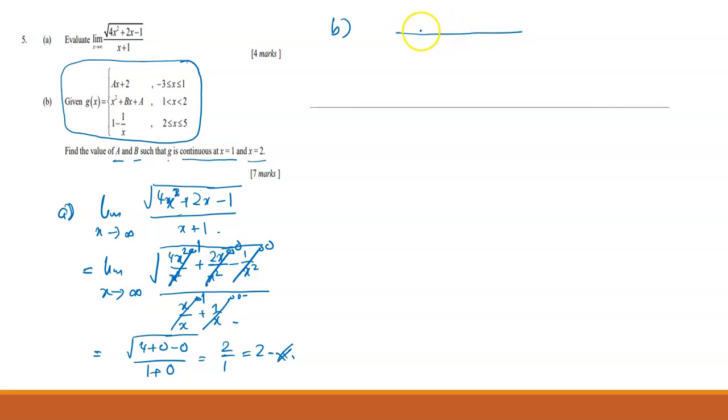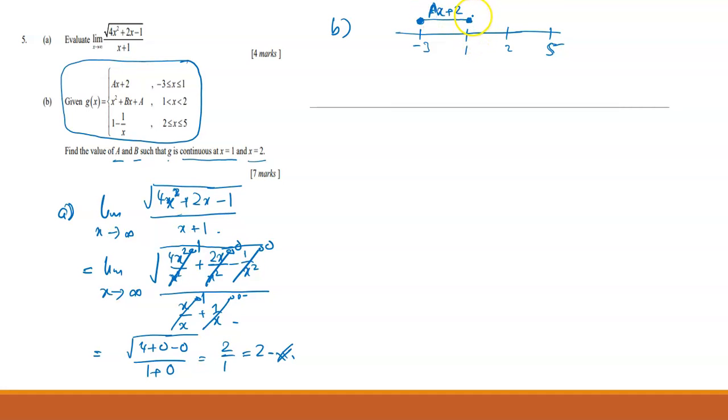Okay, on the number line here, we have negative 3, 1, 2, and 5. The first part, from negative 3 until 1, is for the function ax plus 2.